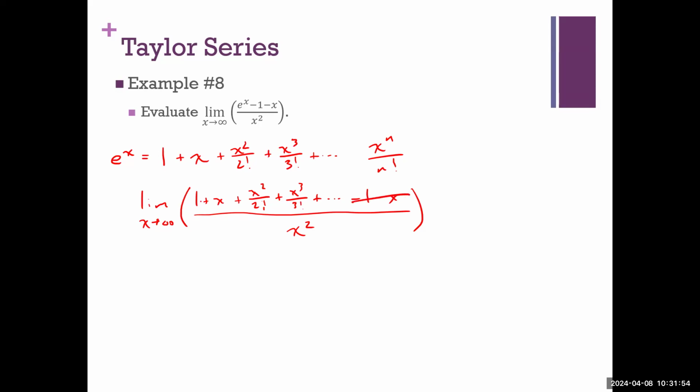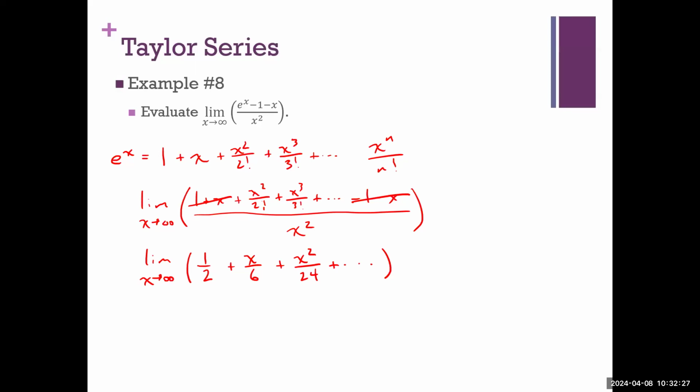Yeah, so these cancel these. So I have the limit as x approaches infinity of what? 1/2 plus x over 6 plus x squared over 24. Basically, all these powers of x got reduced by 2. So the x squared over 2, divide that by x squared, I just get 1 over 2.